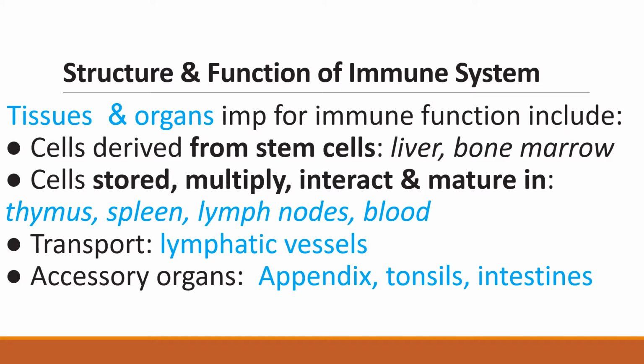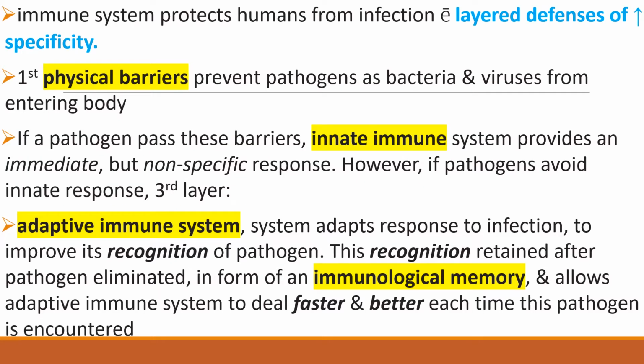For transport, there are lymphatic vessels. Accessory organs are the appendix, tonsils, and intestines. The immune system protects humans from infection with layers of defenses of increased specificity.